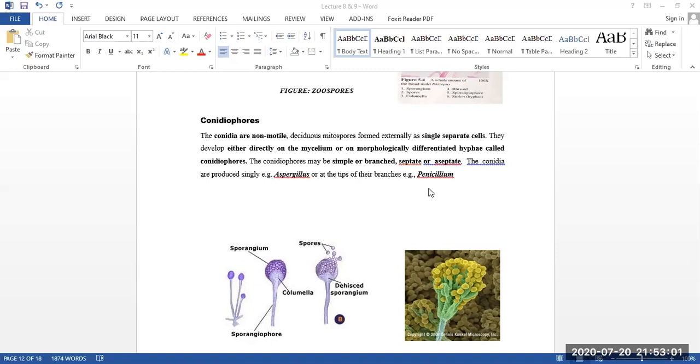Zoospores are always motile and lack a cell wall; after the swimming period, when they fix anywhere, a cell wall is secreted and a germ tube is produced. Conidia are all non-motile. Conidiophores can be single, for example in Aspergillus, or branched, for example in Penicillium.